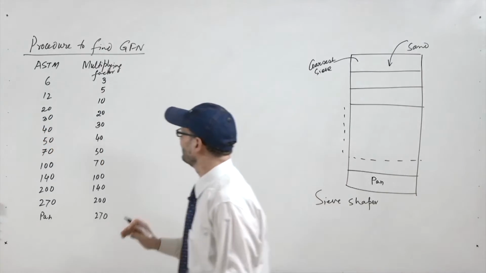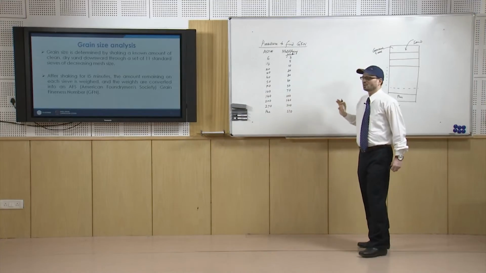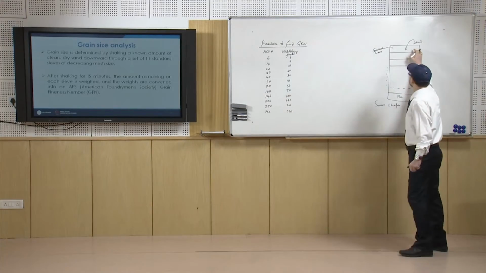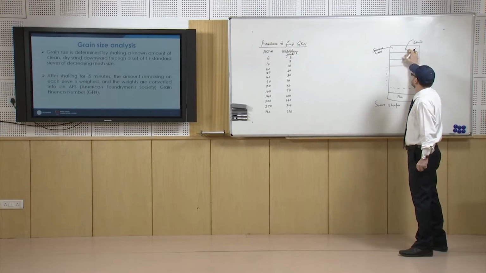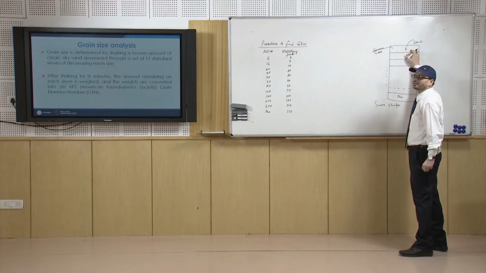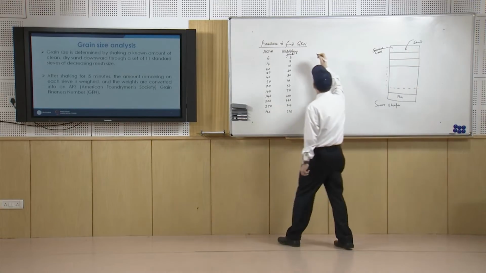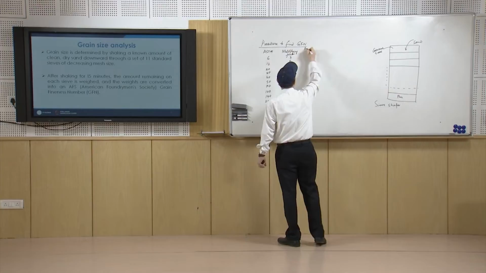So, these are the multiplying factors. Now, once we compute or find the amount of sand which is retained here, you will have the amount of sand retained.